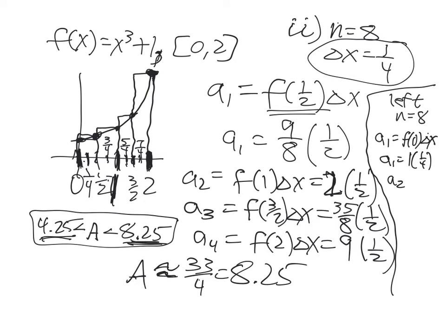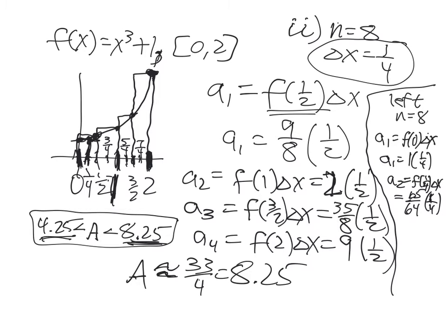A2, we'd have that as our height of the rectangle, f of 1/4 times delta x, and f of 1/4 cubed would be 1/64 plus 1, which is going to be 65/64, and then times the 1/4 again. So it's not difficult operations, it's just long.